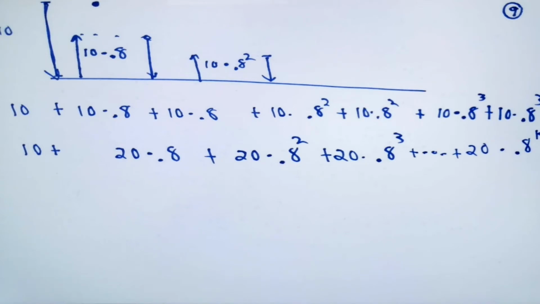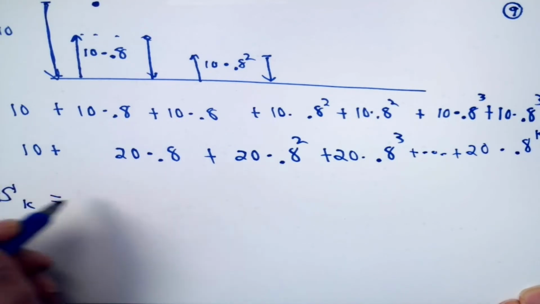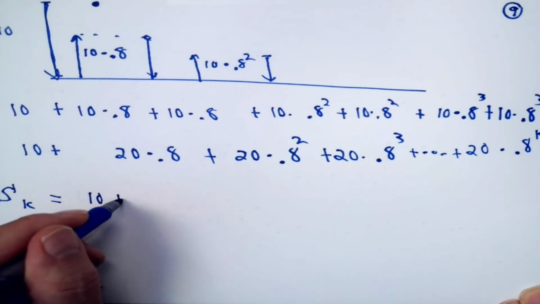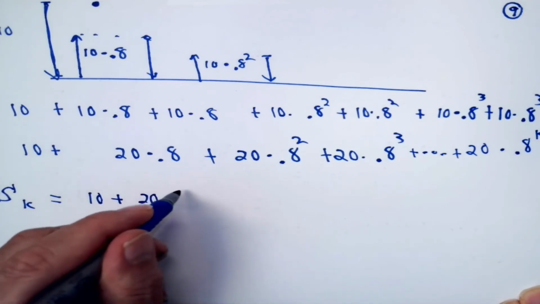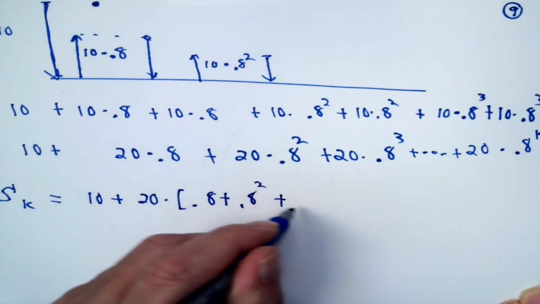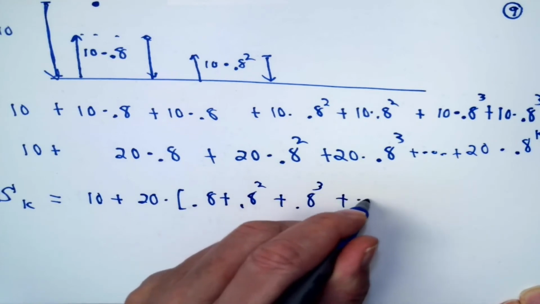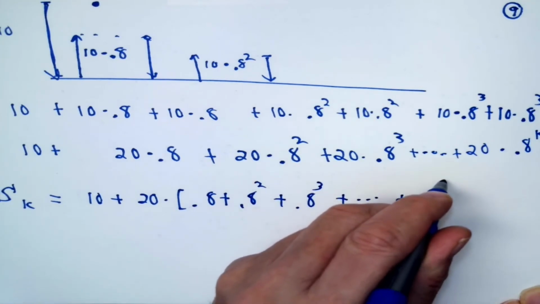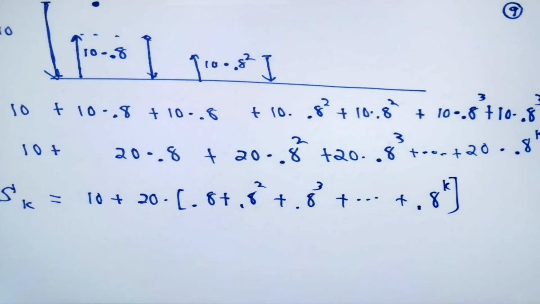An observant person will notice that although this isn't exactly a geometric series, it resembles one a great deal. This is a finite algebra sum. I'll think of this as being partial sum number k. This is going to be 10 plus 20 times 0.8 plus 0.8 squared plus 0.8 cubed, all the way out to 0.8 raised to the k power.